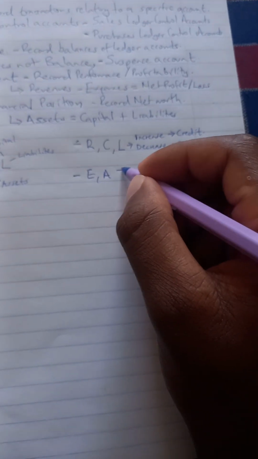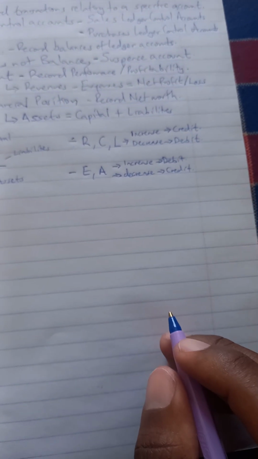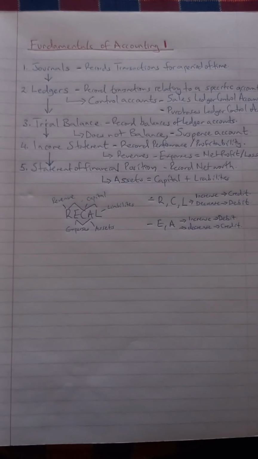And then these other two are the vice versa of this. So if expenses and assets increase, you will debit that amount, and when expenses and assets decrease, you will credit that account.